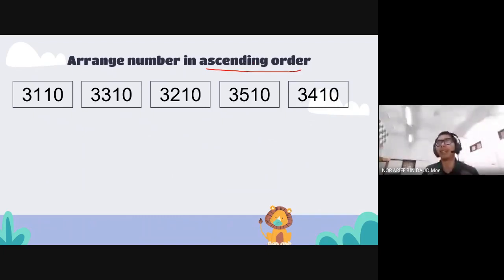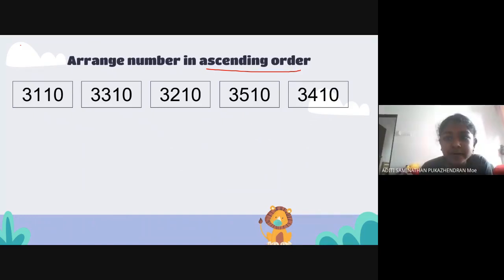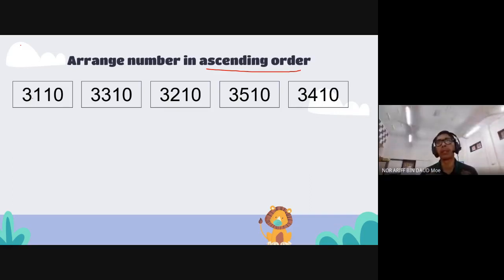I want to ask Aditi, can you find me the smallest number first? Okay, Aditi, find me the smallest number. The first one. Yes, which one? 3,110. Okay, thank you, Aditi.